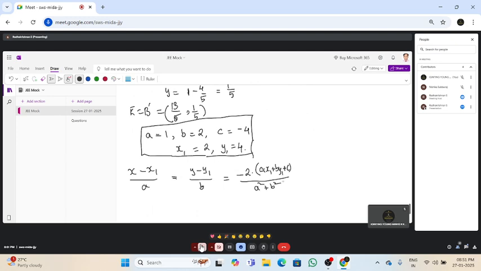Okay. So now substitute the respective values A, B, C, x1, y1 are all given. And tell me what is the coordinate of your point F.